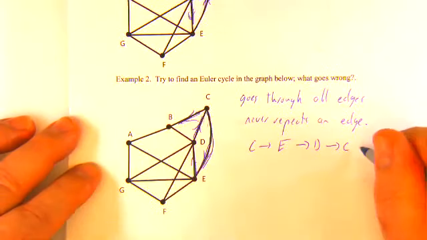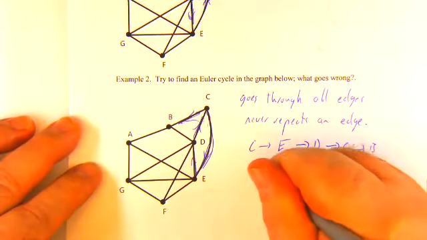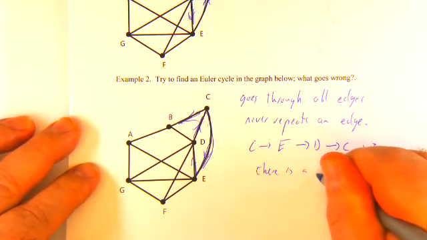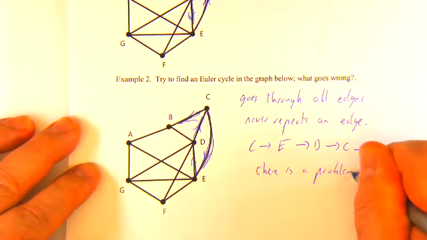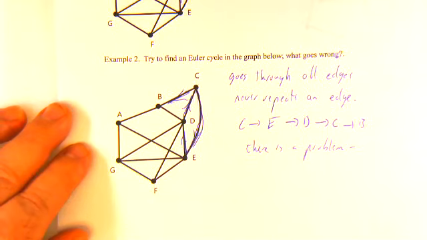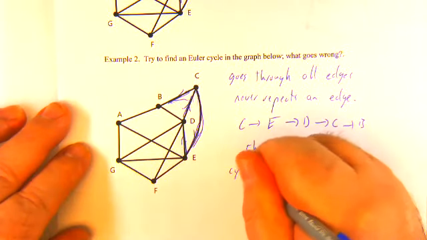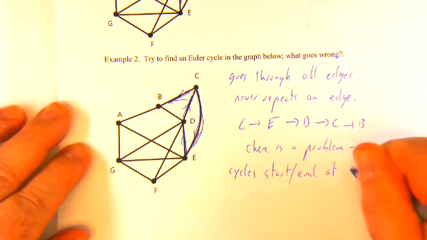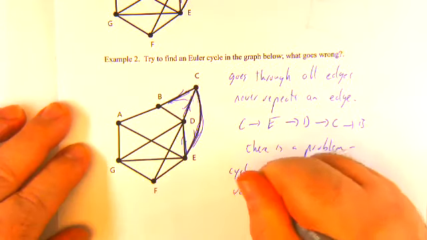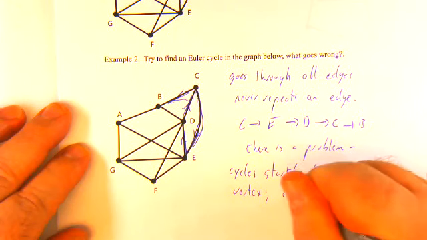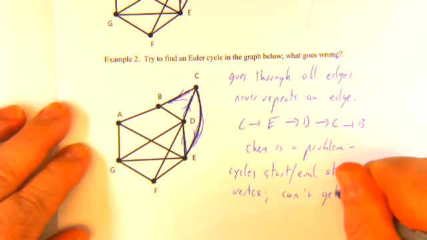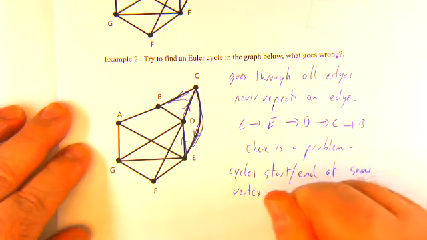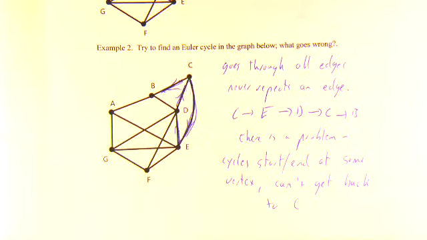If we think about it a little bit, we have a problem. A cycle starts and ends at the same vertex, but we can't get back to C. We've used all the edges going in and out of C already.